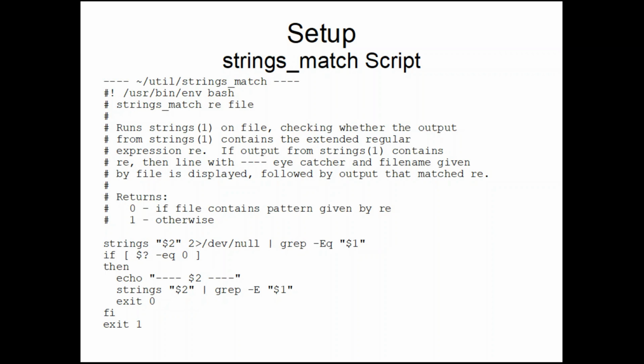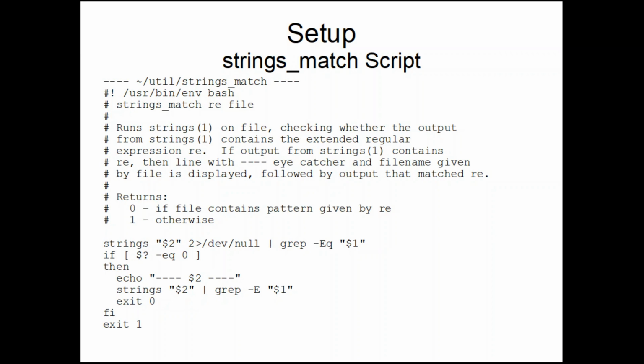The custom script is shown here. It takes 2 arguments, as shown in this comment right here. The first one is RE, which is a regular expression, and the second is a path to a file to be checked.